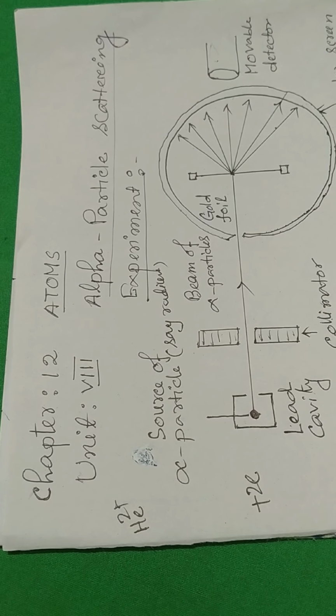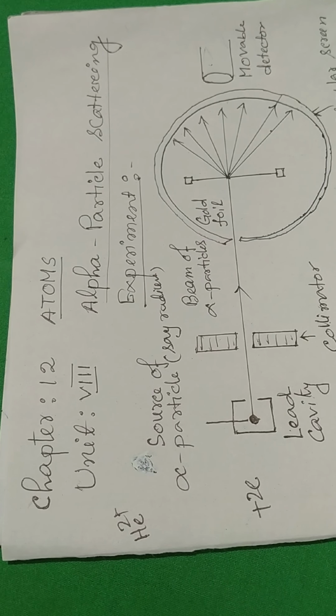Ernest Rutherford, along with Hans Geiger and Ernest Marsden, performed a series of experiments on the scattering of alpha particles by the atoms of thin gold foils. An alpha particle is a helium atom from which two electrons have been removed.